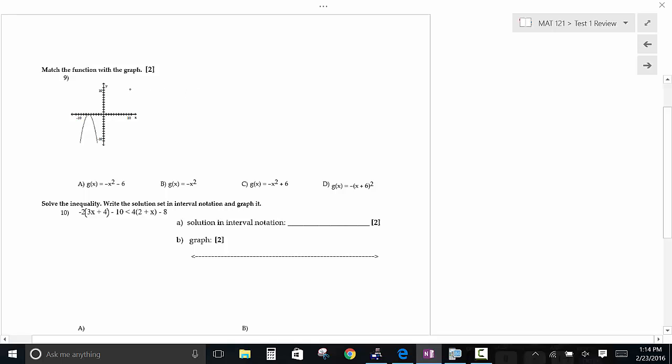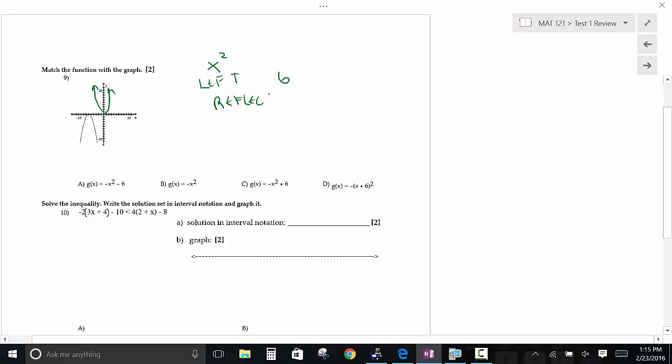Now here's a graph. We've been talking a lot about transformations. This is a quadratic, so it's x squared. Now let's look at what happened on this. A basic parabola does this. How did that thing change? It moved to the left, and I can't see very well. I'm assuming 6 because there's a bunch of 6s in the answer choices. Left 6, what else happened? Good, it reflected over the x-axis.